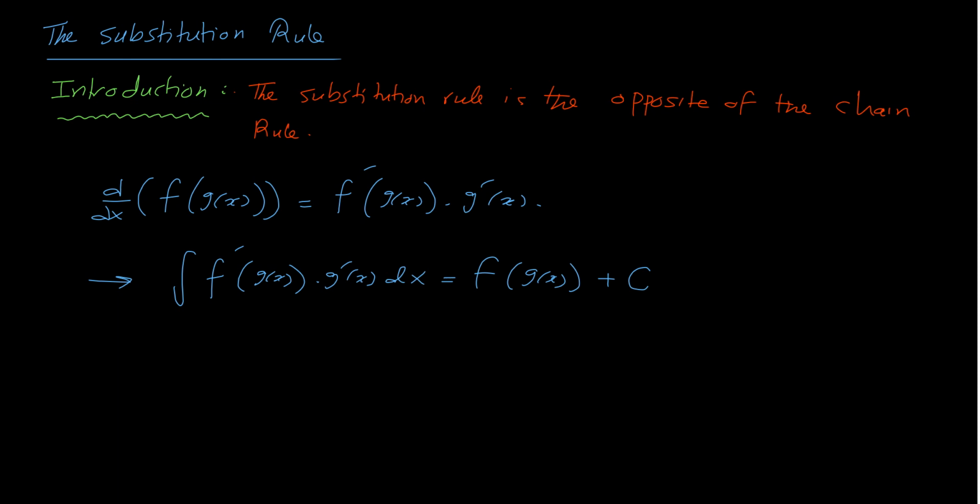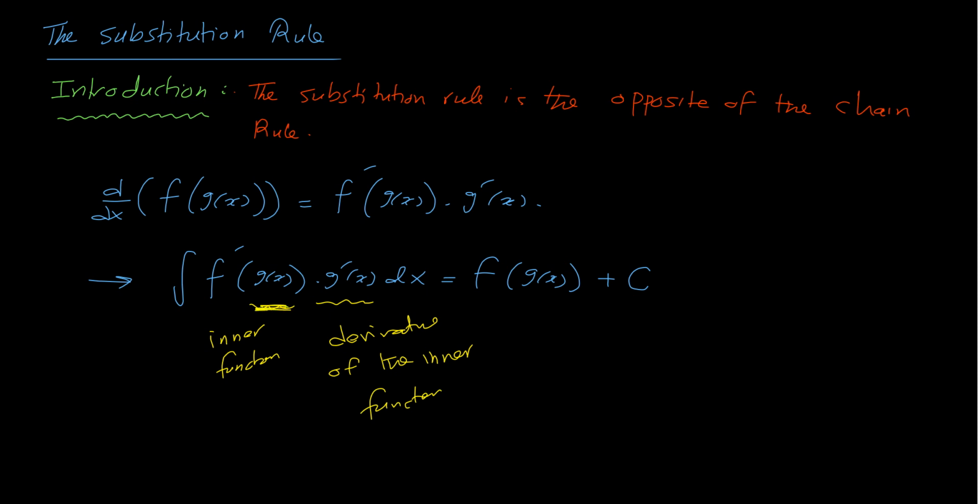As you see here in the left hand side, we have g of x as the inner function. The derivative of the inner function is a part of the integrand. This is the clue to use the substitution rule.